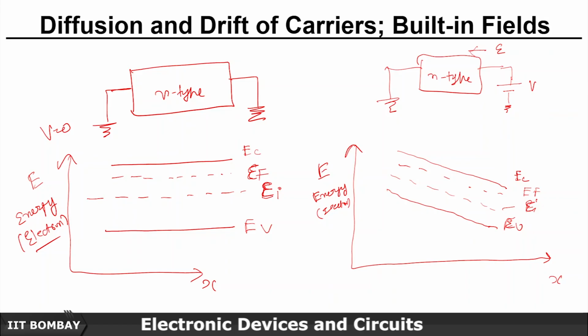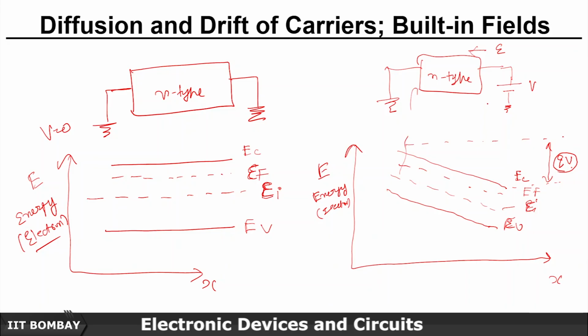And how much will this band bending be? That's another interesting question. If I want to calculate, it would depend on the applied potential. So this difference would be equal to qV. It is the amount of work done.